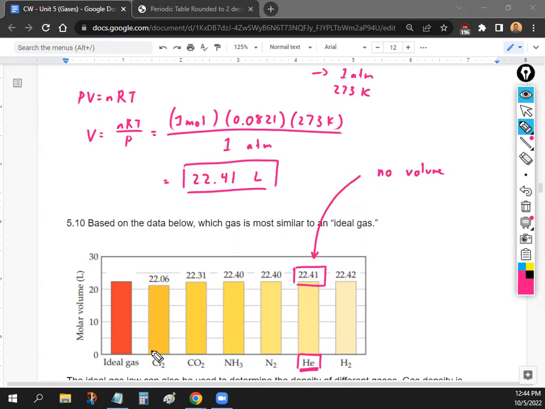It's much smaller than any of all these. So it fits the description more. The other one is that there is no interaction between the gases, and helium is inert, as you guys learned about noble gases. So by all metrics, helium is most similar to an ideal gas, okay? It's because helium has the smallest volume and it's inert. It doesn't react with anything.